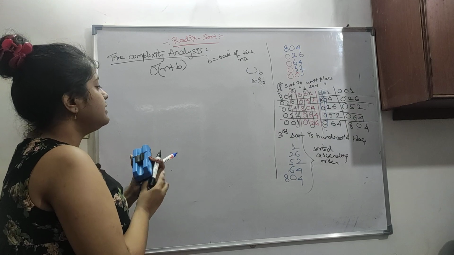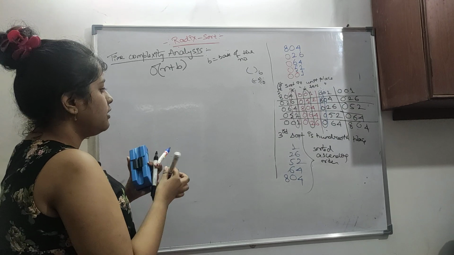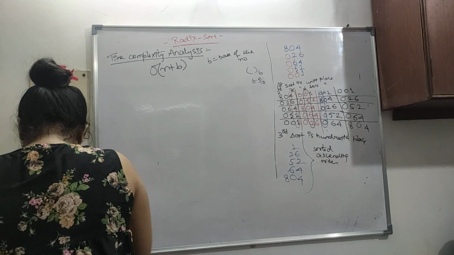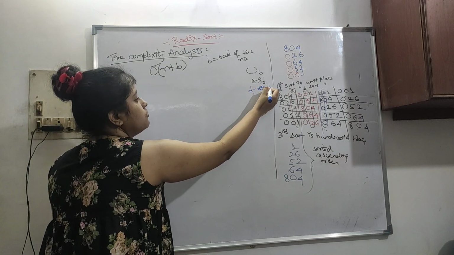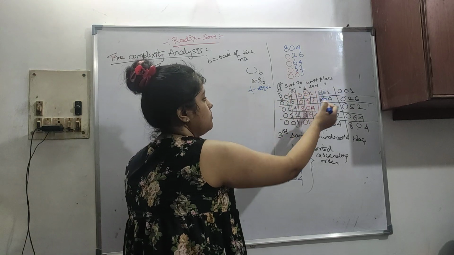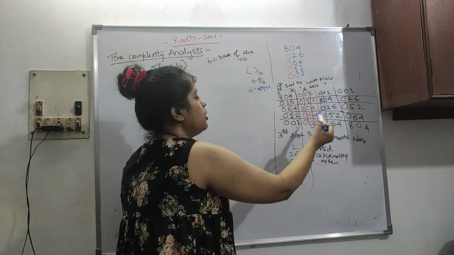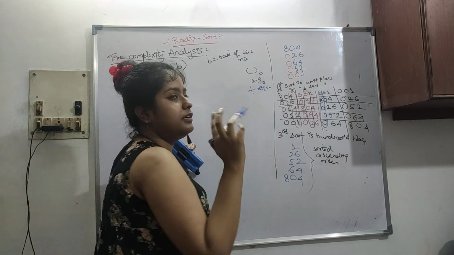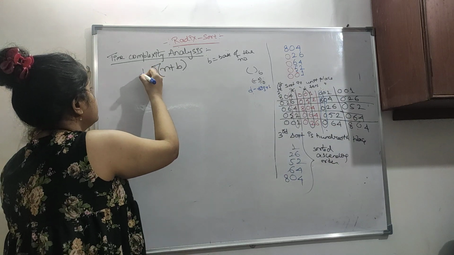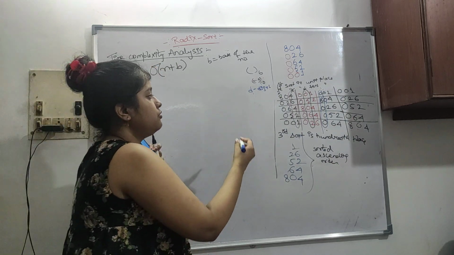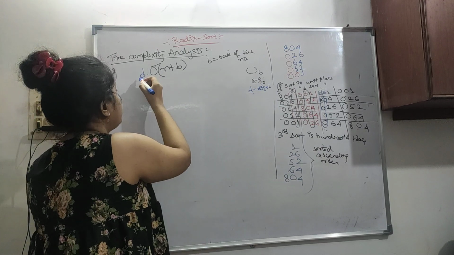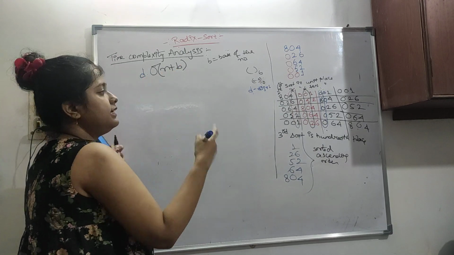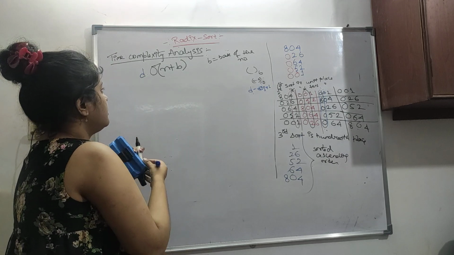Now we have seen that we have D digits. Here 3-digit numbers are present, so we have to do this sorting 3 times. If we have D-digit numbers, we have to apply it D times, so the numbers will be sorted D times.